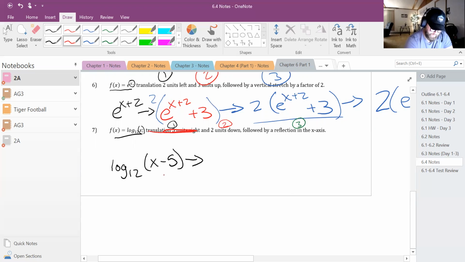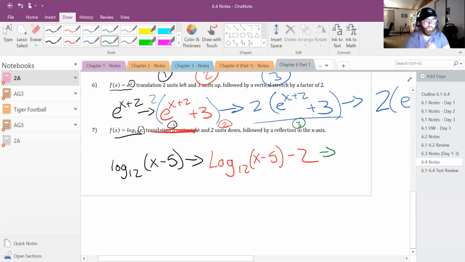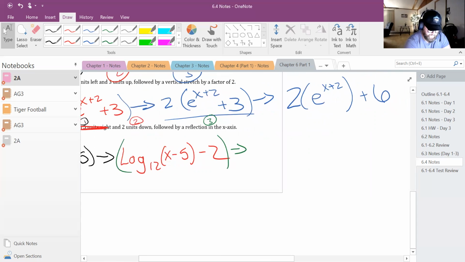2 units down, so we're outside, minus 2. Good. Next, remember, it's the same thing. Whenever you're putting something out front or multiplying the whole function by it, put this in parentheses. So it's going to be negative out front, log base 12, x minus 5, minus 2.